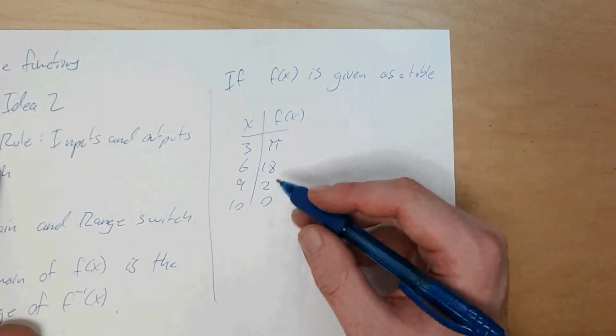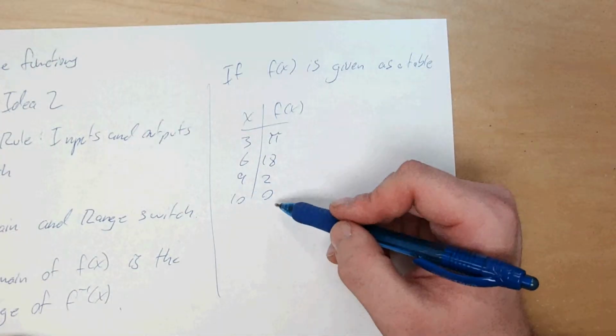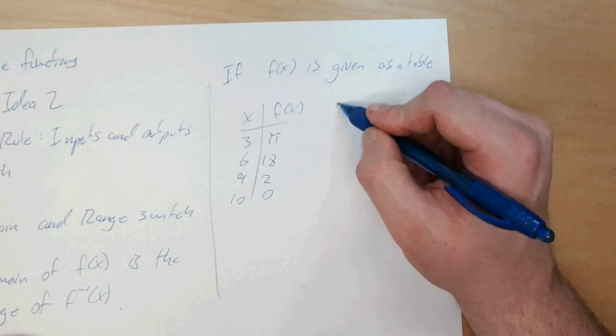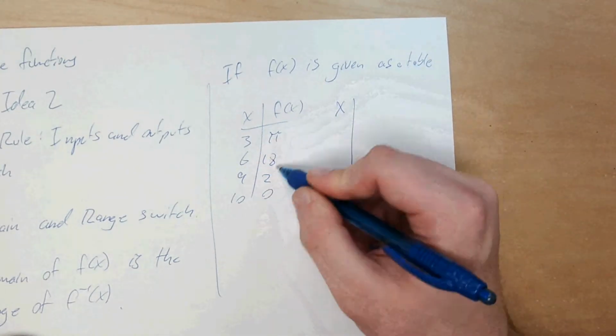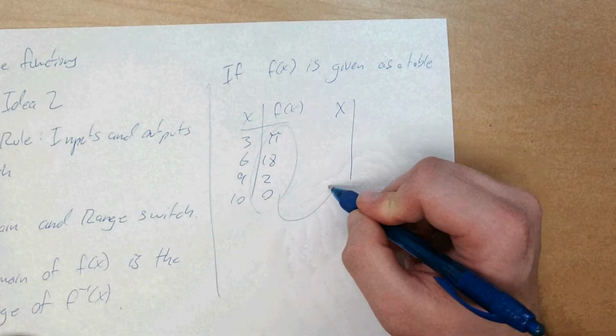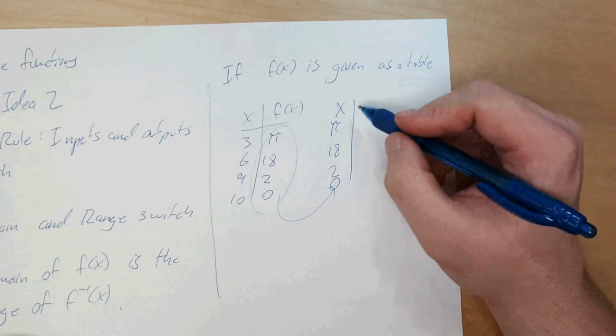This is a table. If I wanted to find the inverse, my inputs and my outputs switch, which means that my new inputs are just my old outputs. So this line just becomes this: pi, 18, 2, and 0.